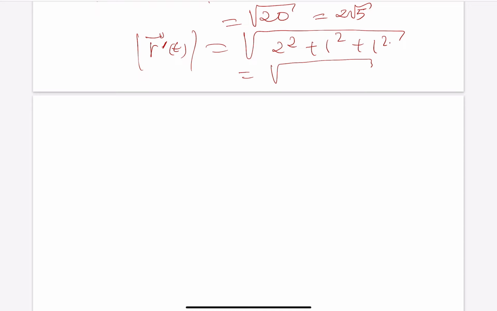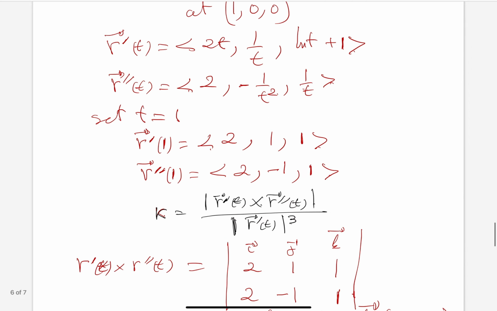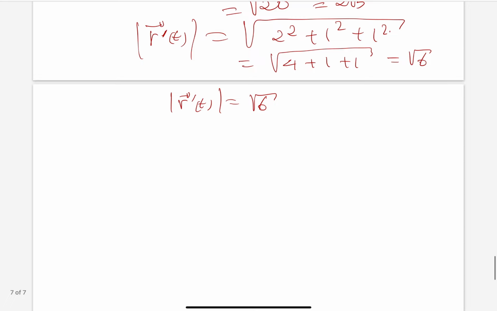It's just 4 plus 1 plus 1, which is the square root of 6. The length of the first derivative of the vector function is just the square root of 6, because 4, 5, 6. Square root of 6.